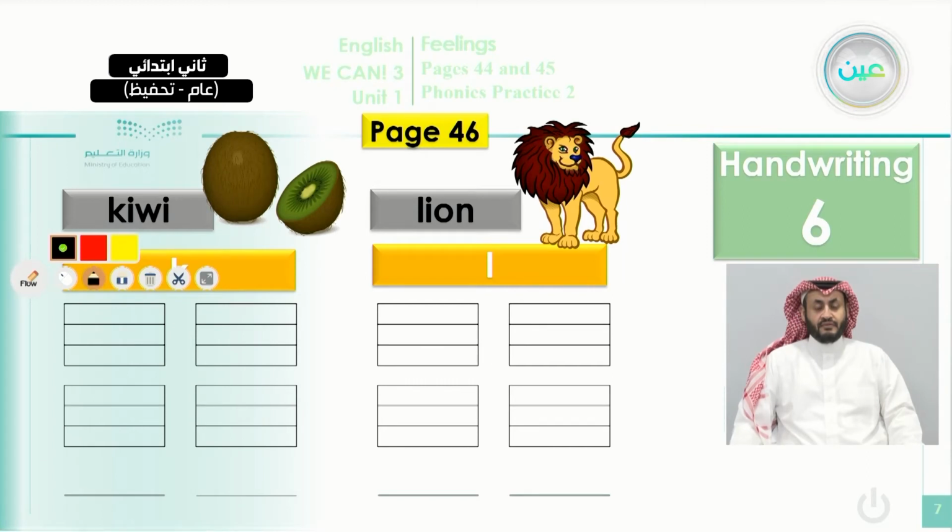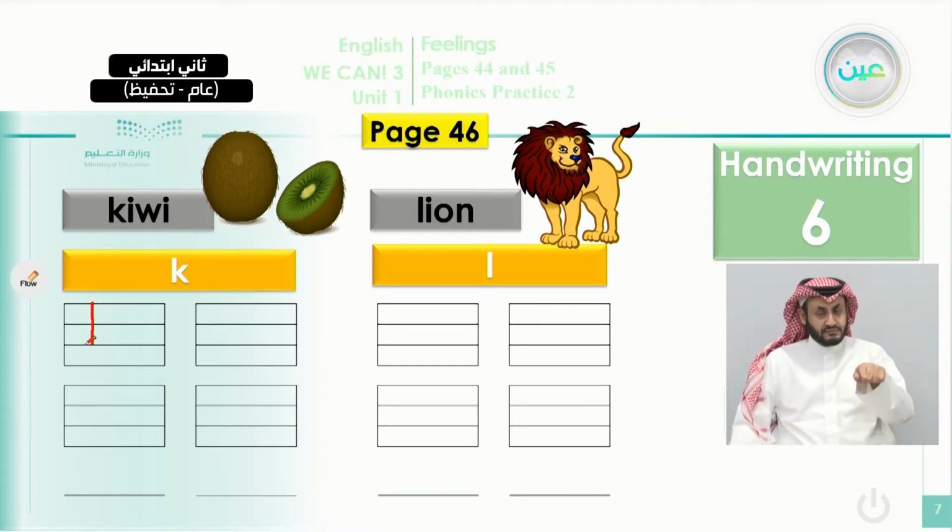Okay. Let's use a red color pen. Okay, so we start writing the K from this way, like this. We start from up and we make this in the middle line. Also, we write K again. We write K like this.